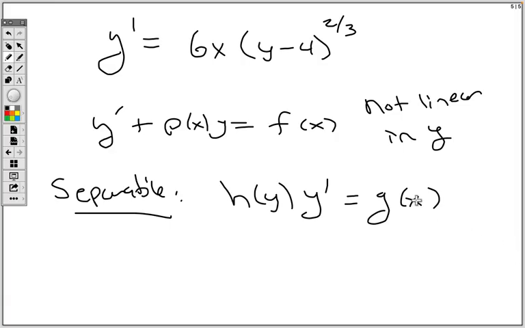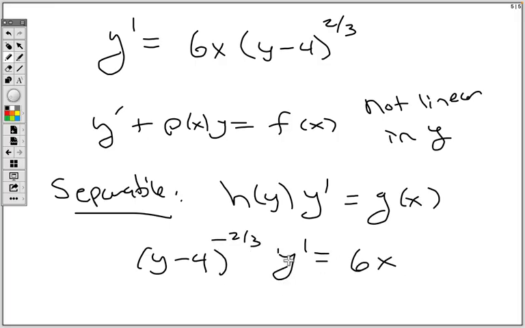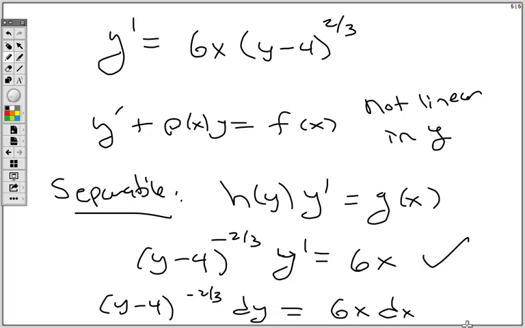Yeah, we can do that. I can divide both sides by the (y minus 4) to the 2/3. So it is separable. And so then I can separate variables. (y minus 4) to the minus 2/3 dy is 6x dx.